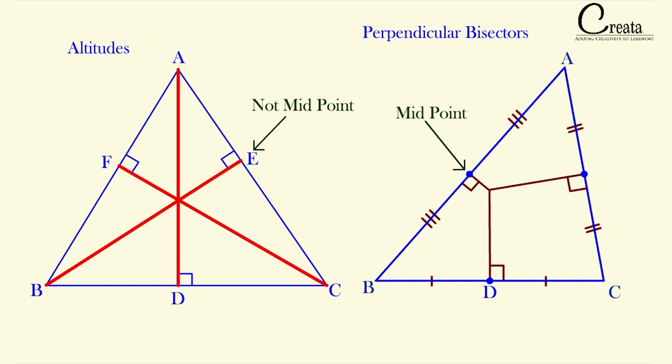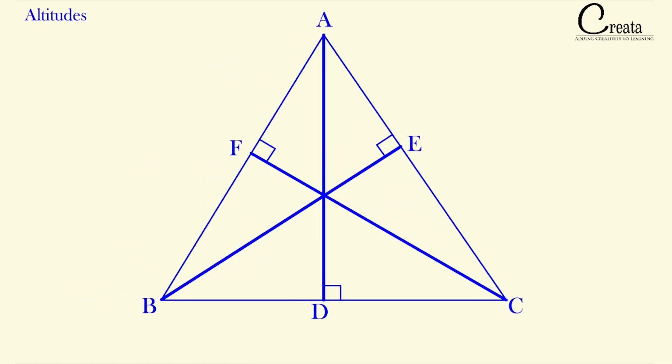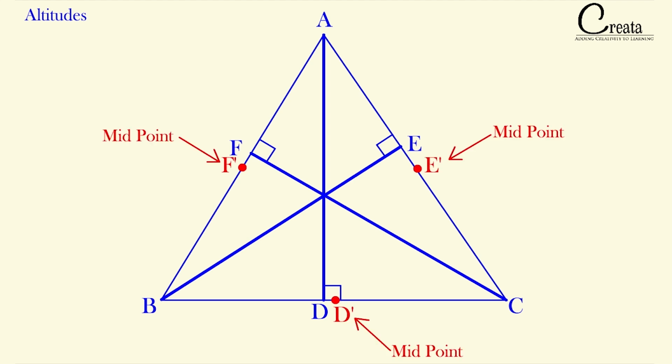For more clarity, in the same figure, we will try to draw the perpendicular bisectors as well as the altitudes in a triangle. Altitudes are already drawn in this triangle. Let's try to draw the perpendicular bisectors. First of all, let's locate the three midpoints of the sides of the triangle. D dash, E dash, and F dash are the three midpoints of the sides.